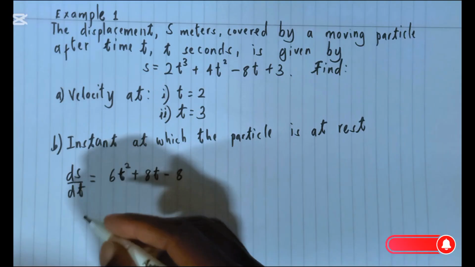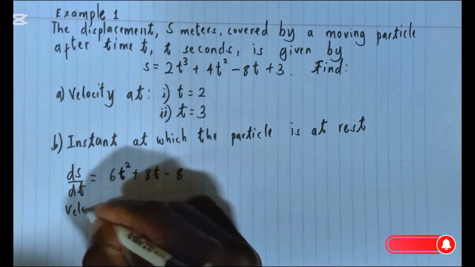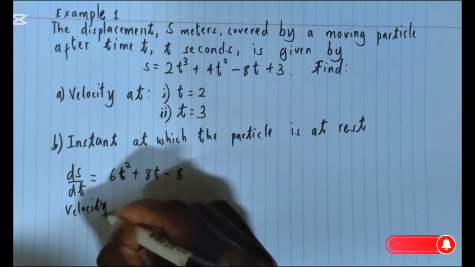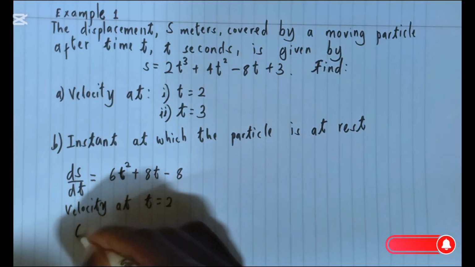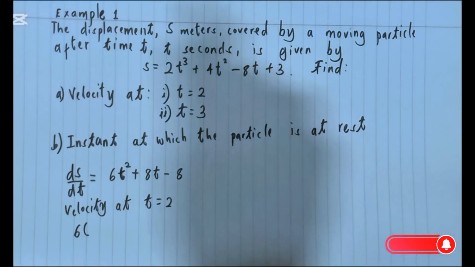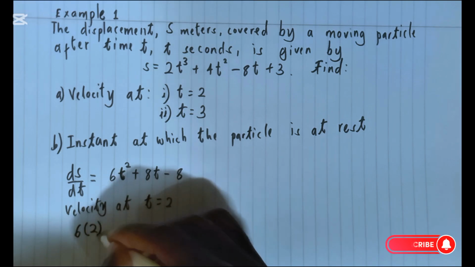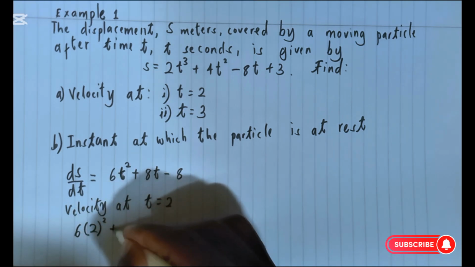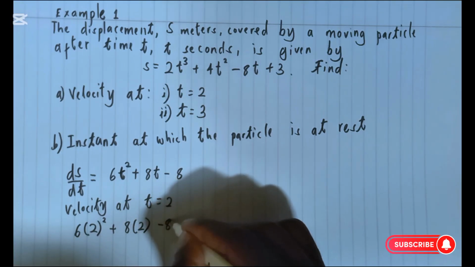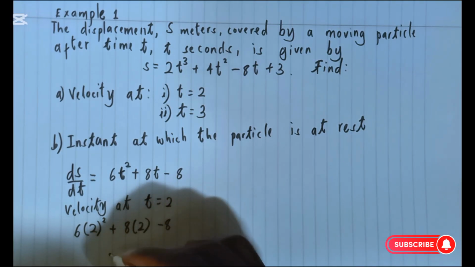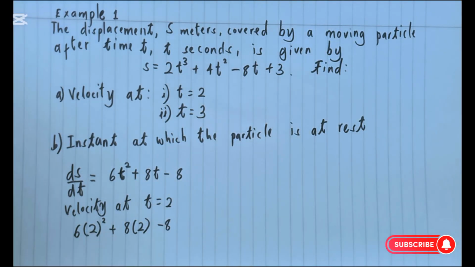So velocity at t equals 2 will be 6 into 2 squared plus 8 into 2 minus 8. Of course, this is going to give us velocity in meters per second.